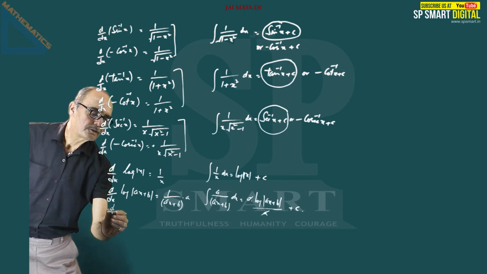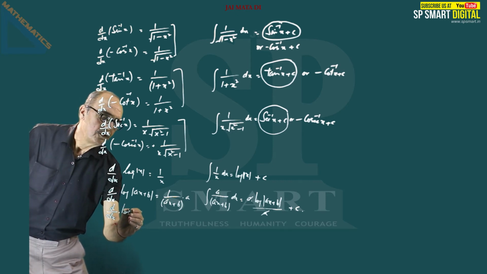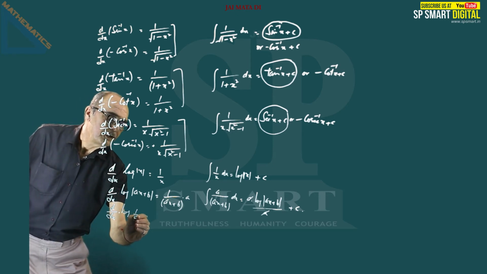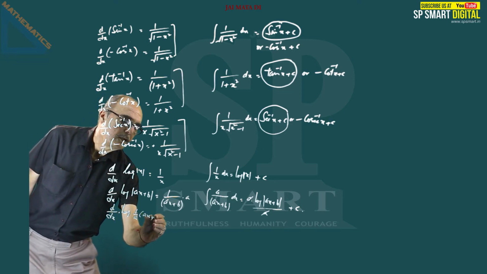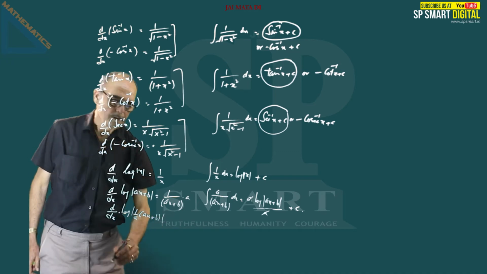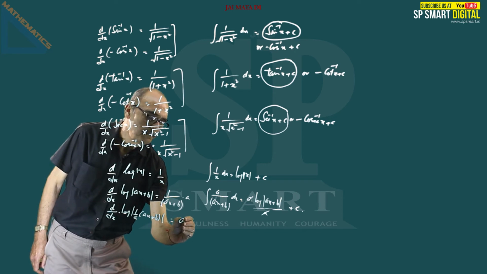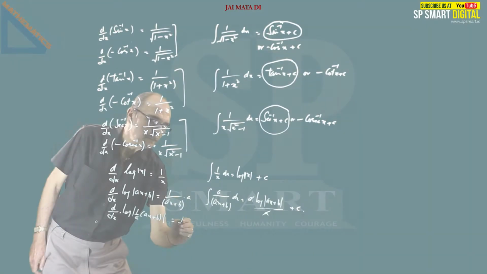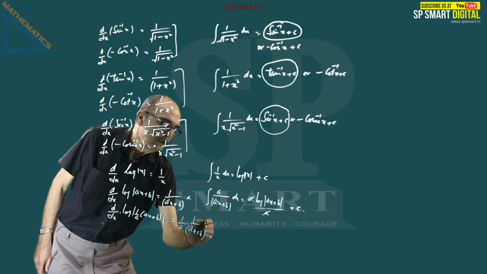d upon dx of log of ax plus b, multiplied by 1 by a, is 1 upon a into 1 over ax plus b into a.